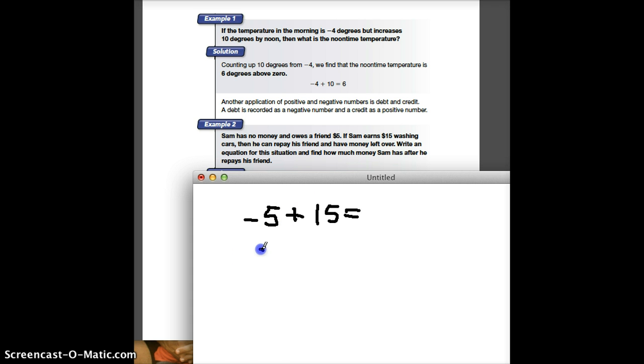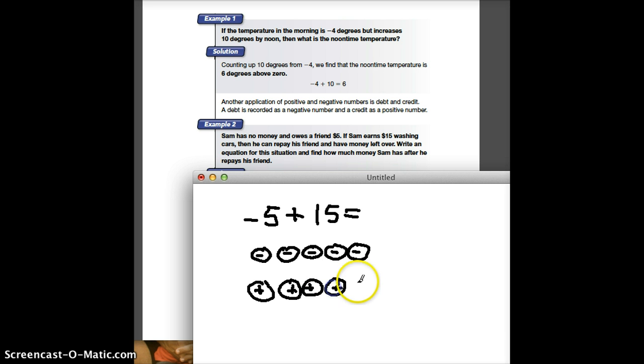Another way to do it is think in terms of chips at a poker table. Let's say these are the negatives, or you owe someone money, and then you're able to gain money. Each one of these is worth 1. So we have 5 negatives, and then we have 15 positives.